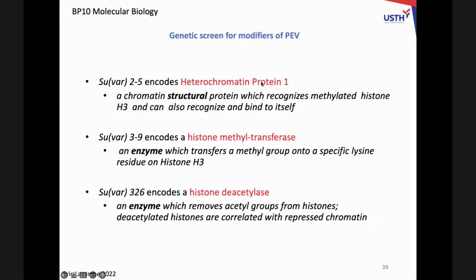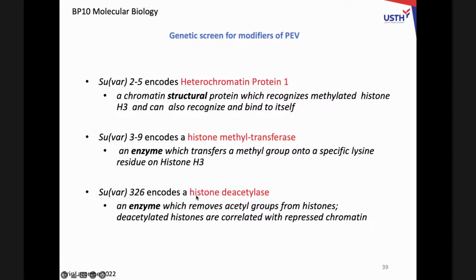HP1, without HP1 you cannot have heterochromatin because it's the protein that condenses the nucleosomes together. Without histone methyltransferase, you cannot have the H3 tail methylated on lysine number 9. If lysine 9 is not methylated, HP1 cannot interact, so no condensation.